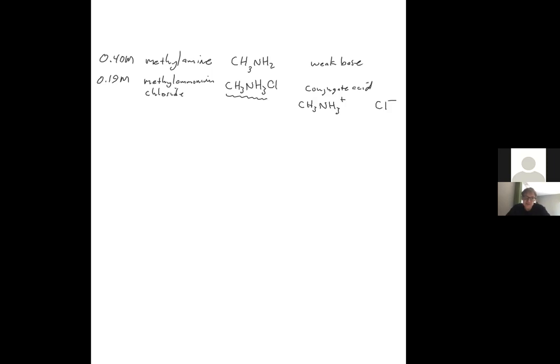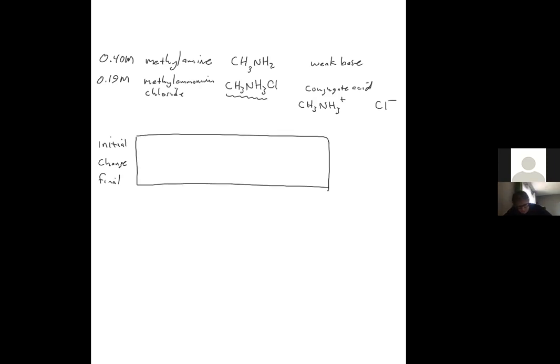So now let's go ahead and write out the initial, change, and final for this particular process. And then I'll actually write the equation underneath.